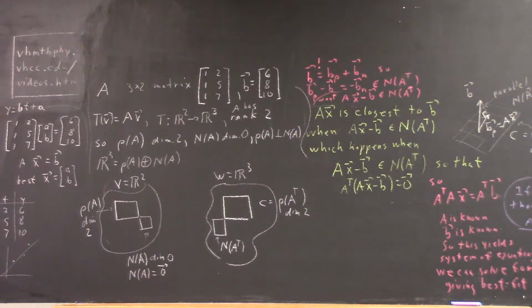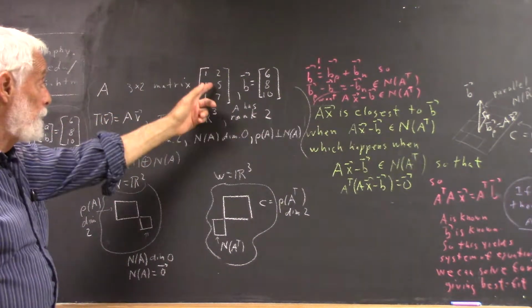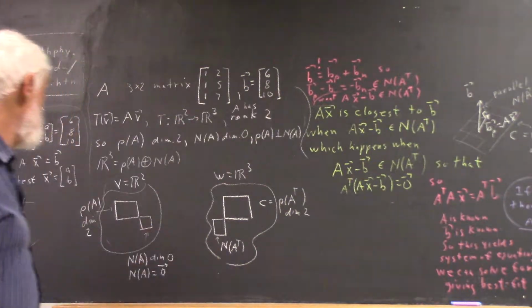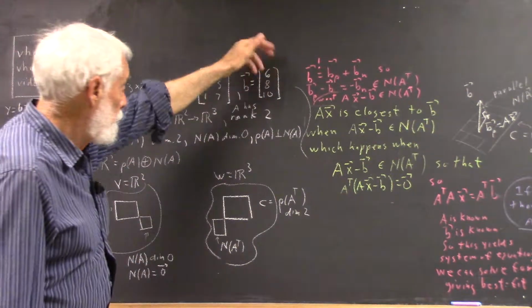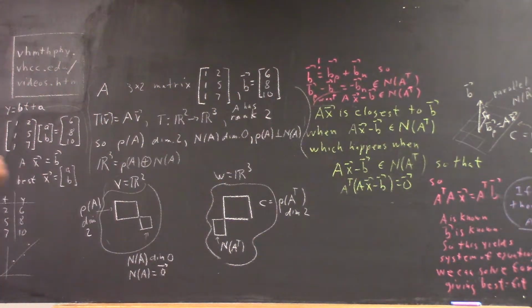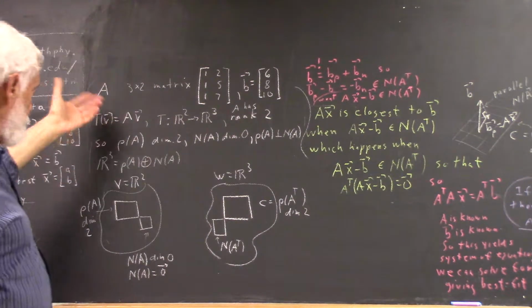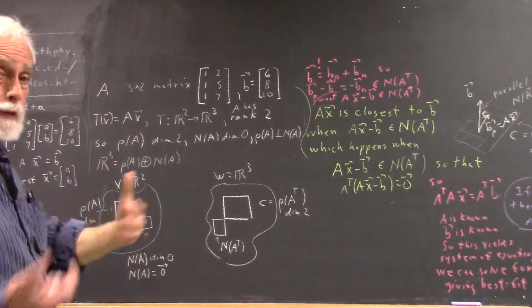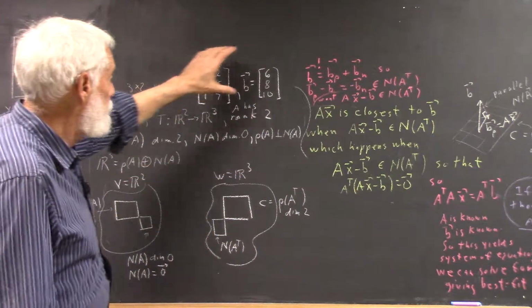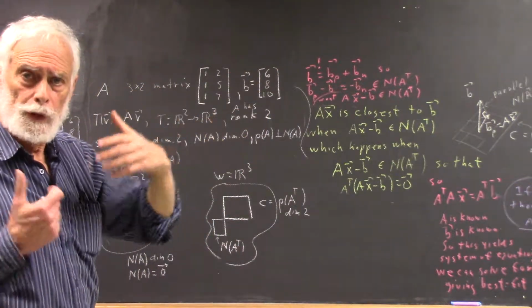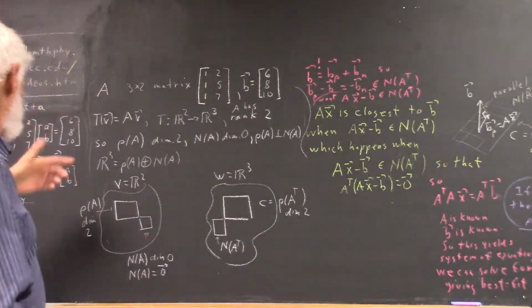So, our matrix A is a 3 by 2 matrix, and our vector B is a 3 by 1 matrix. We define the transformation as usual, and all this is the same as before, except we have a smaller matrix, because before we were trying to do a quadratic model. Okay.